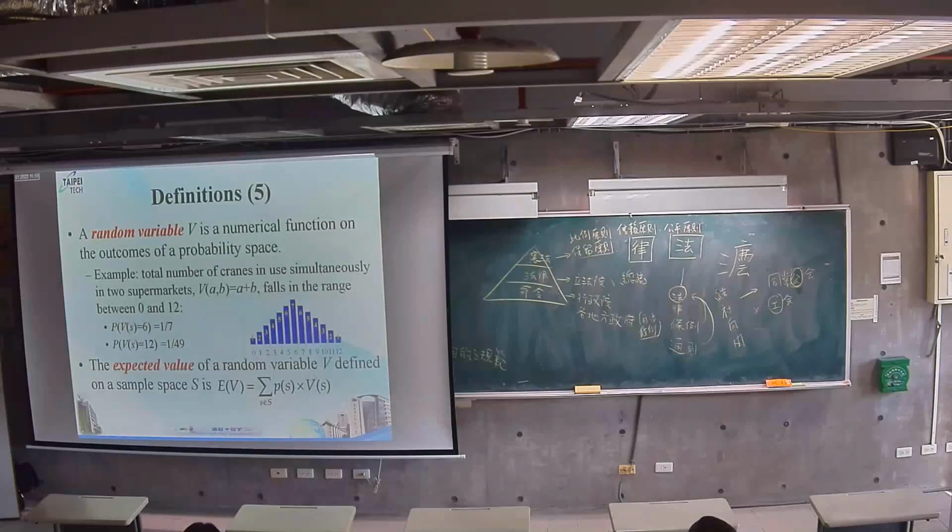We give a different weight for each probability. In that case, we have the expected value for the random variable we have defined. All right, so these are the random variables and expected value, and we might see the random variable later, maybe.